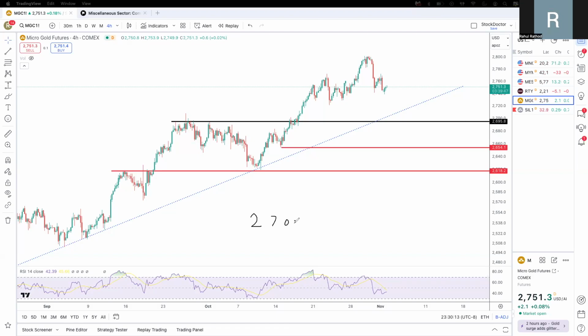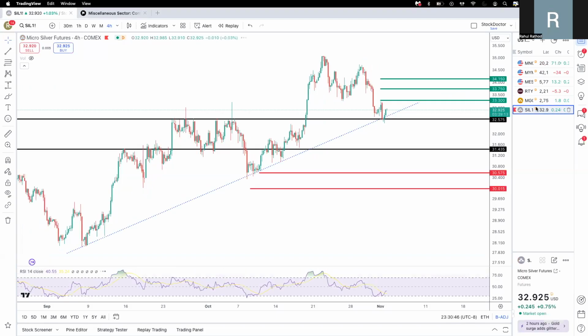If gold comes near 2700, then we will say that there is a good cool off after the big upside, and then gold can start going up again. I don't have an upside target for gold; we are keeping it open. But for the downside, if it breaks below 2700, then the first target is 2650 and the second target is 2618. These are the two downside targets for gold.